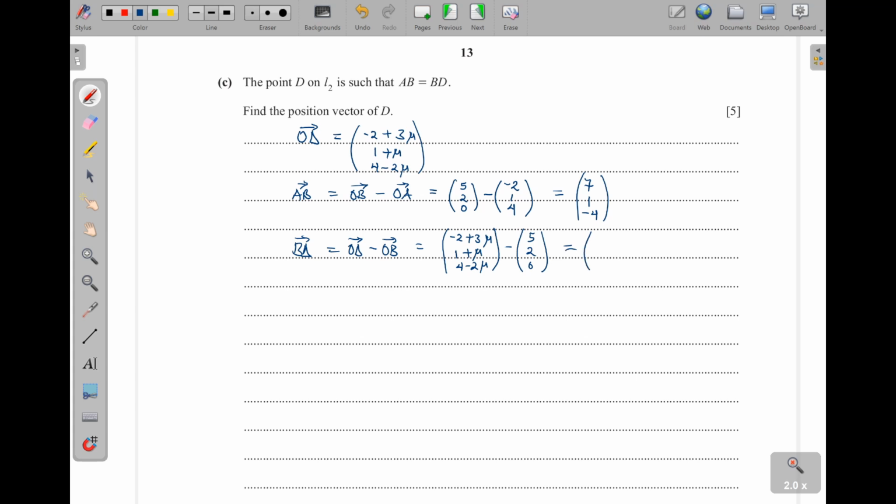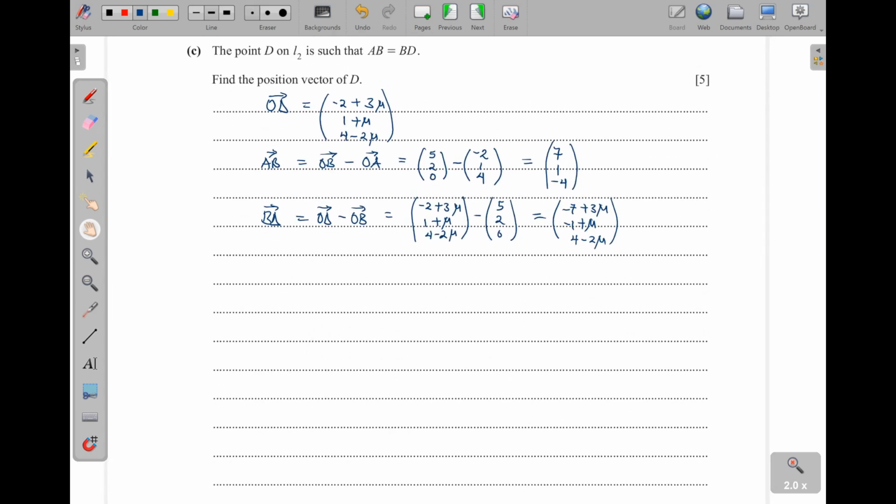So simplified, -2 minus 5, that will be -7, so I'll write -7, then plus the 3 mu. And then 1 minus 2, that one gives us -1, so we'll have here -1, then plus the mu. And then 4 minus 0 is of course 4, so we shall have here 4 minus 2 mu. Now they say that AB is equal to BD.